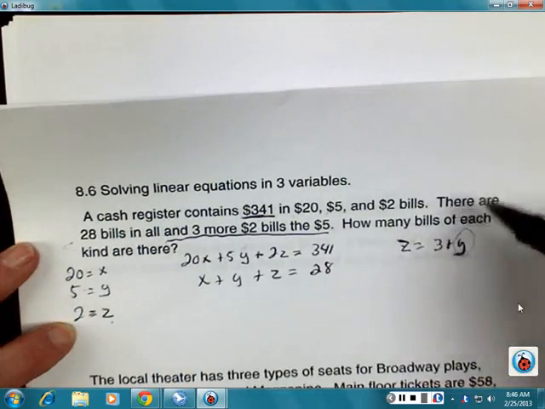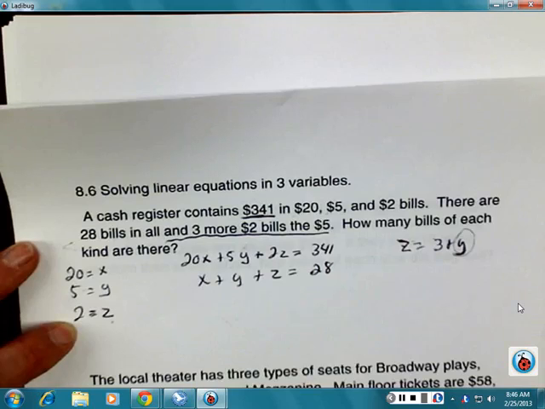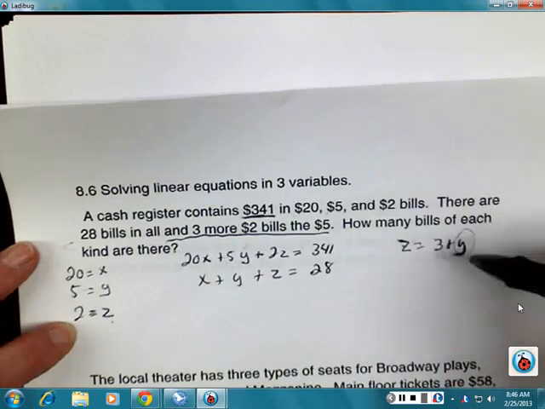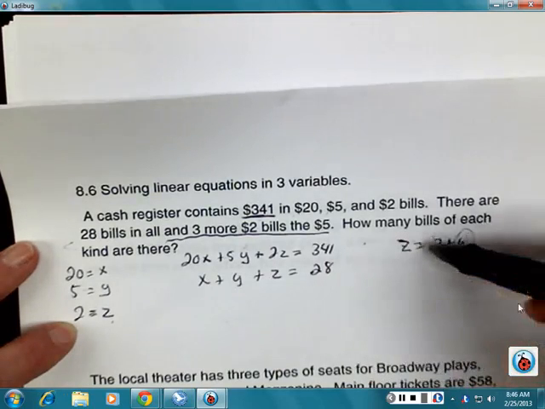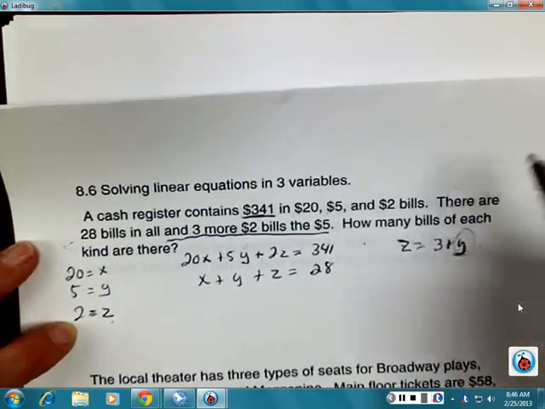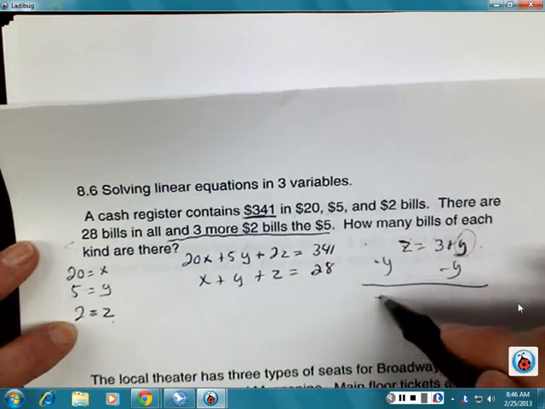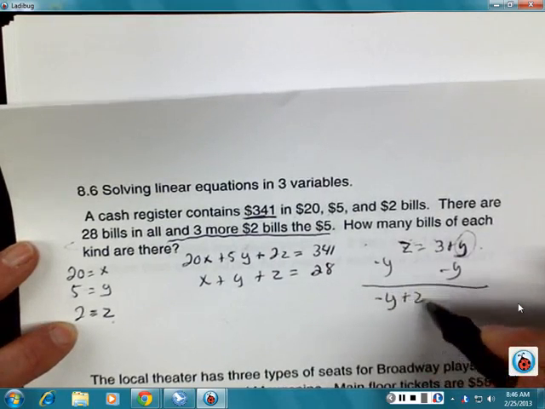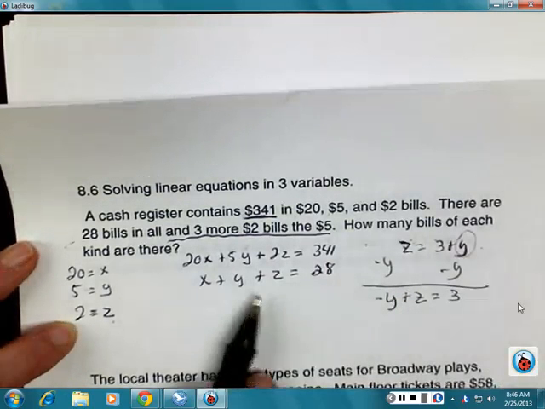My problem is I can't just stuff that underneath here. It's not written correctly. So I need to have all of my letters to the left and my numbers to the right, and so really I need to subtract a Y from this side, so I get negative Y plus Z is equal to 3. Then I can stick that underneath here.